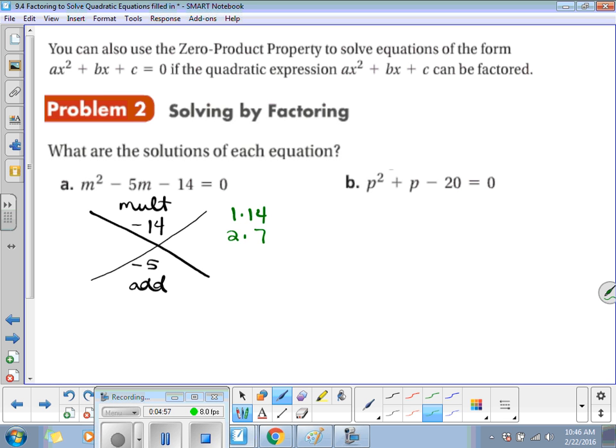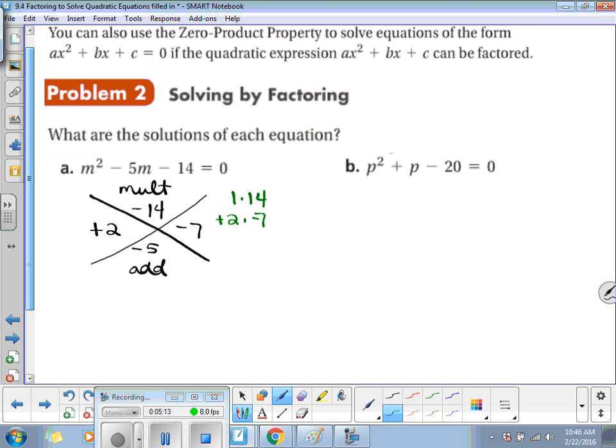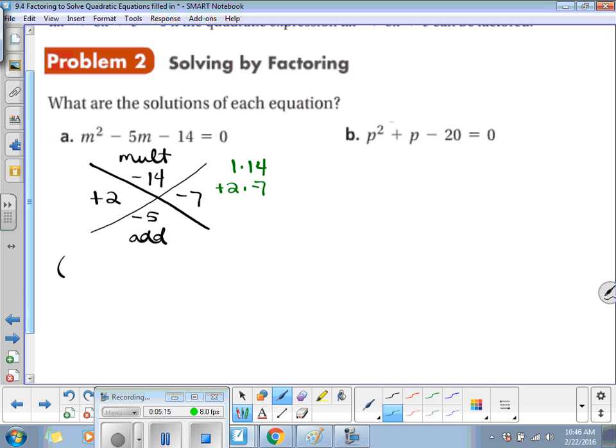When we add, we want to get a negative 5, so the bigger number has to be negative. That means we're going to have a negative 7 and a positive 2. So positive 2, negative 7 are my factors. Then my binomials are m plus 2 times m minus 7 equals 0. And now you set each binomial equal to 0.